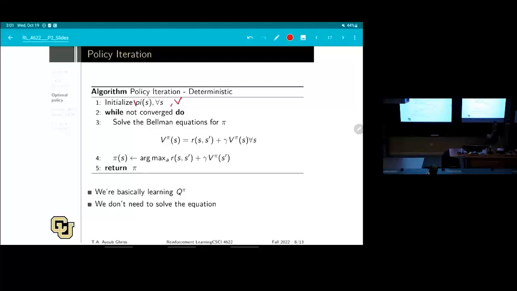So once we do that, we try to solve this system, okay, which is basically learning V, because we know that the V function satisfies this equation. All right? So at each round, we go through the states and the actions, and we build this system of equations. Okay. So here it's V(s'). All right.